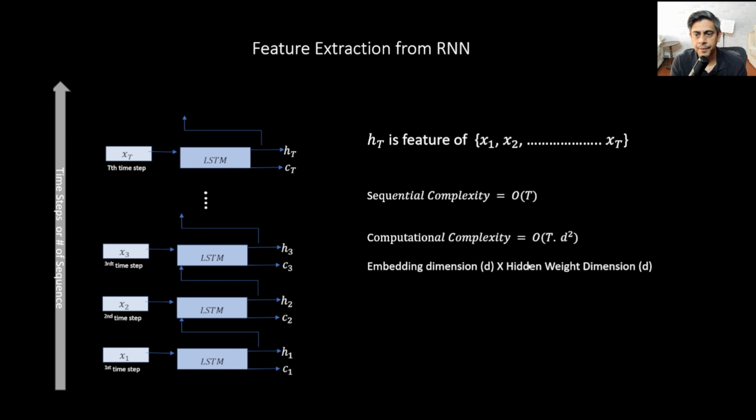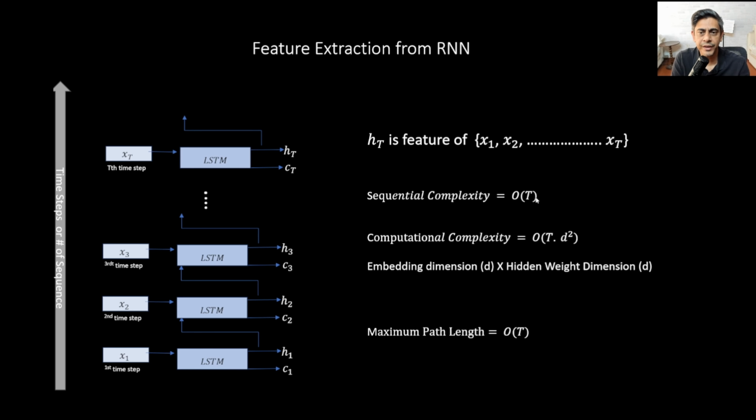Because of this matrix multiplication between two similar dimensional matrices, we will have the same d square as the computational complexity, and there are t such time steps, so t into d square. Big O of t into d square is the compute. And like we said, the maximum path length is also in this case t.